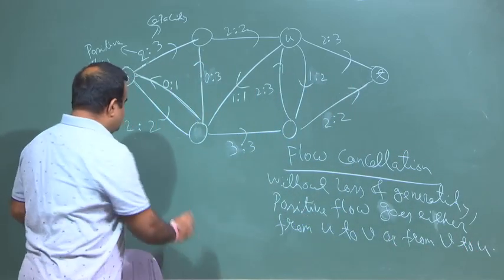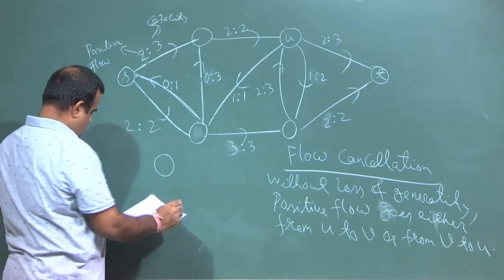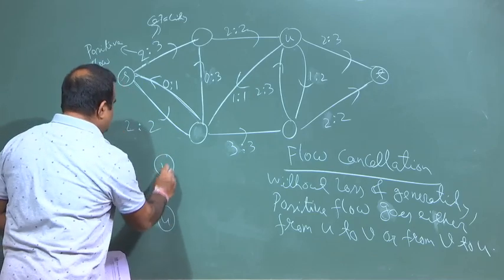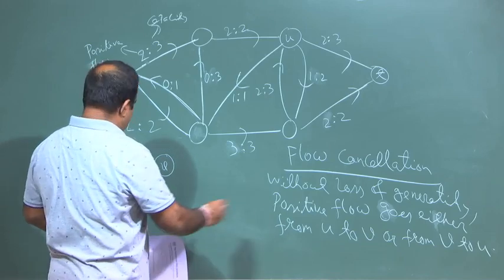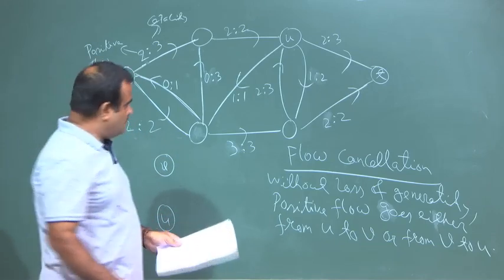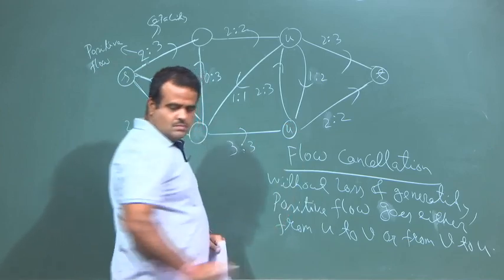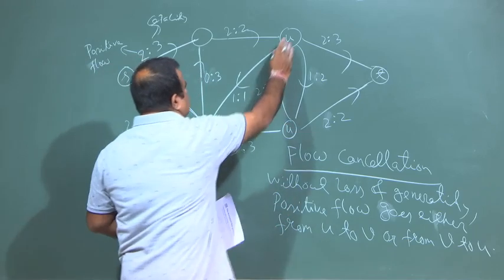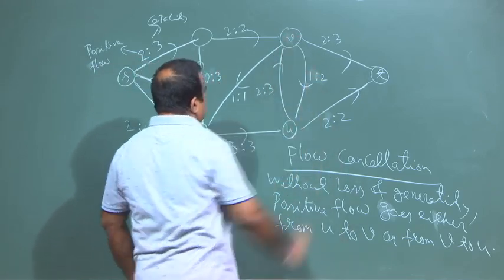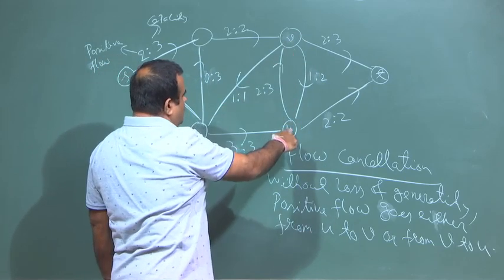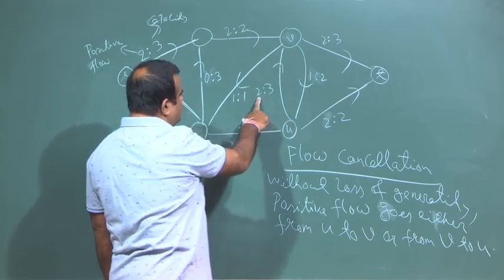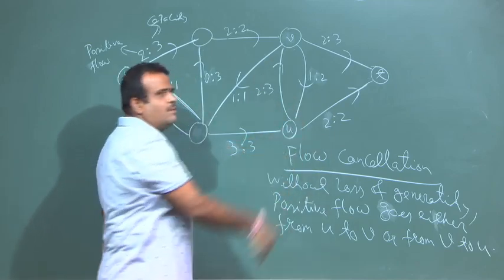So, that means, suppose we have U and V like this. Suppose this is the example, this is U and say this is V. Here positive flow is going in both directions, because from U to V we have a positive flow of 2 and from V to U we have a positive flow of 1.